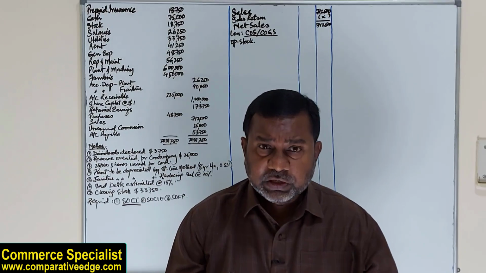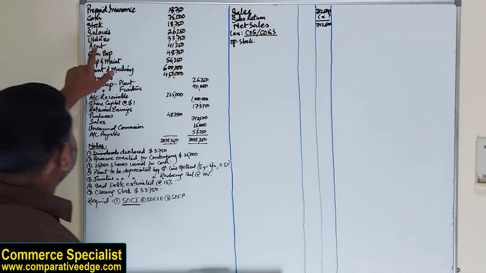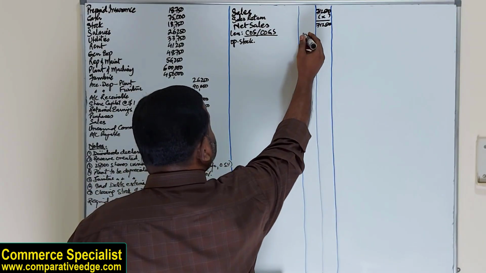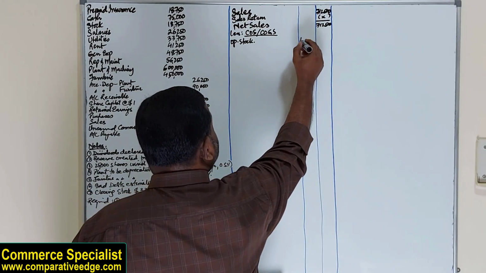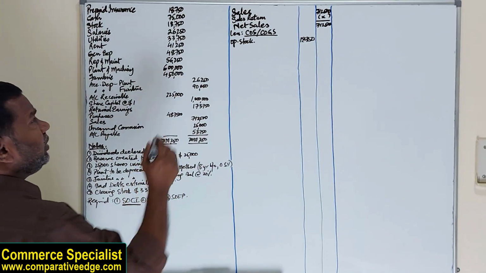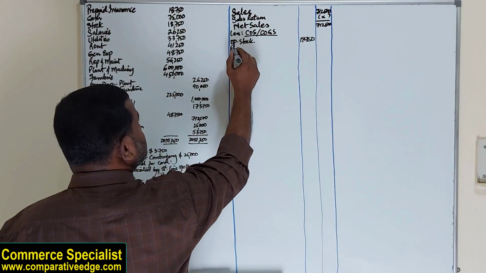So when you're finding opening stock, always take it from the trial balance which is 18,750. So I'm writing this in the inner column, 18,750. After that, you add purchases.